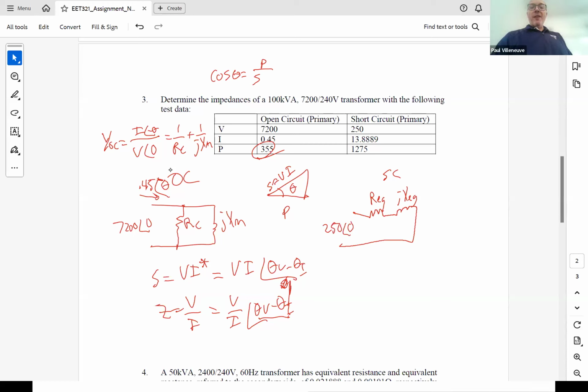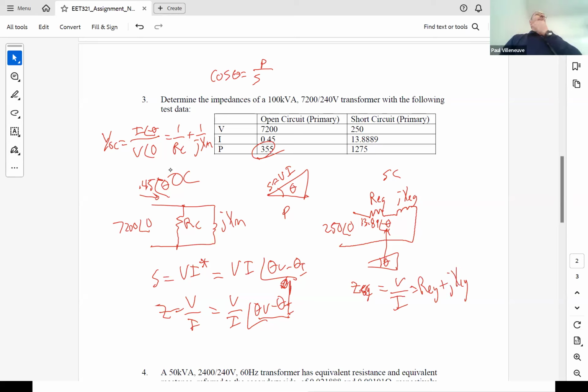And I have a current of 13.8, we'll just call it 9, at an angle of minus theta. Do your power triangle, solve for theta, and Z, we'll call it short circuit, is equal to V divided by I, which is equal to R equivalent plus jX equivalent.